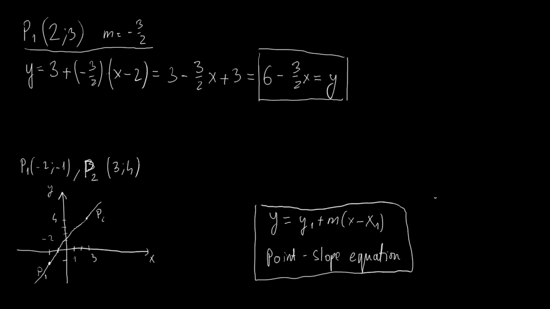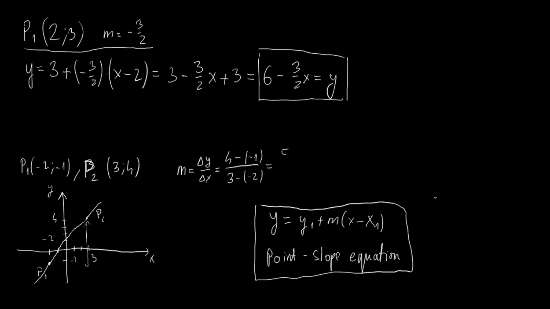So writing the slope of this line is not hard. Why not? Because m equals to delta y over delta x. This is the definition, and we can easily calculate the delta y and the delta x, which is the increment in y. You can see here that is 4 minus -1 over 3, as you can see here, minus -2.